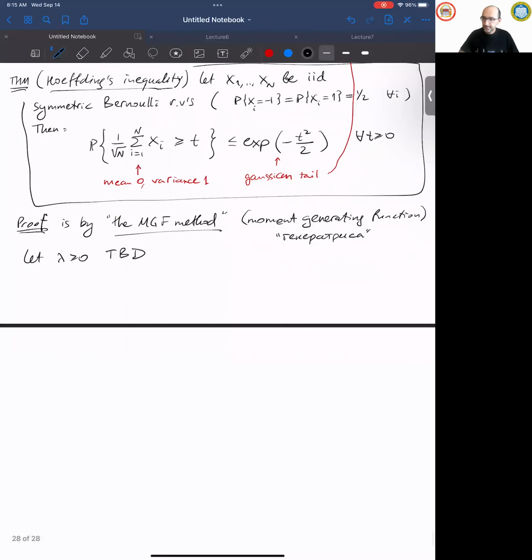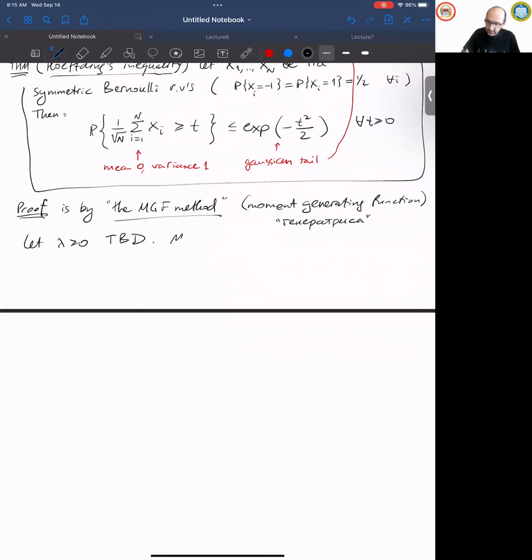And then we multiply both sides of this inner inequality by lambda. In fact, I want square root n on the other side too, so by lambda square root n. And exponentiate both sides.